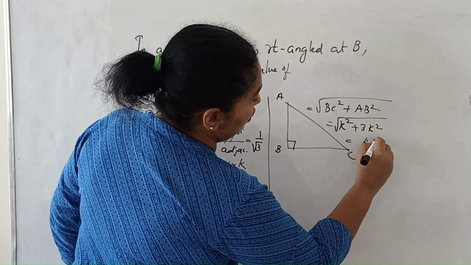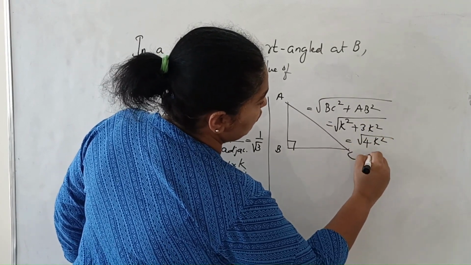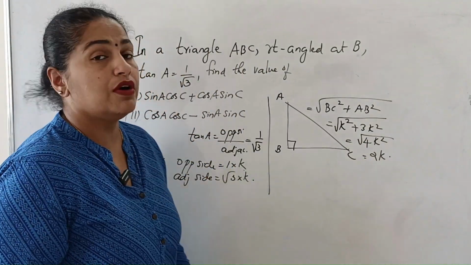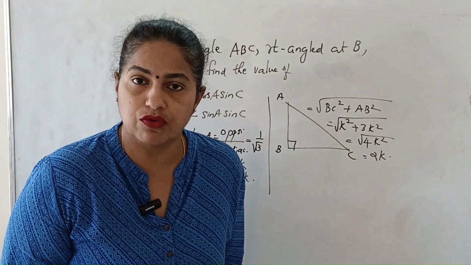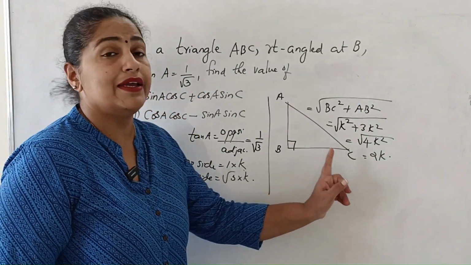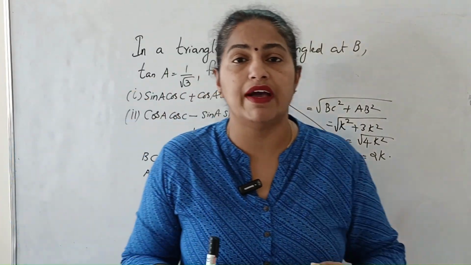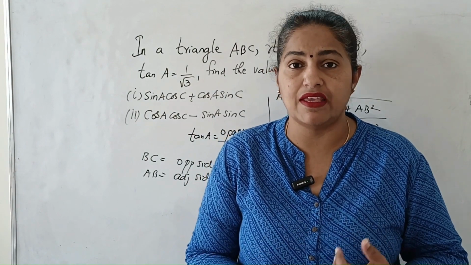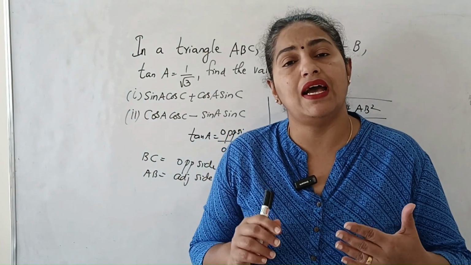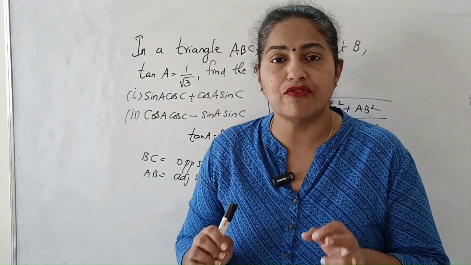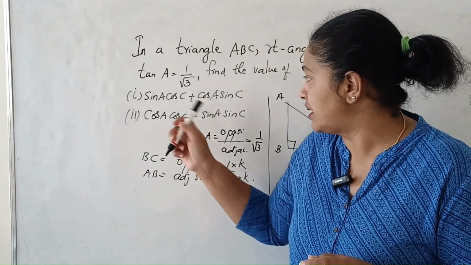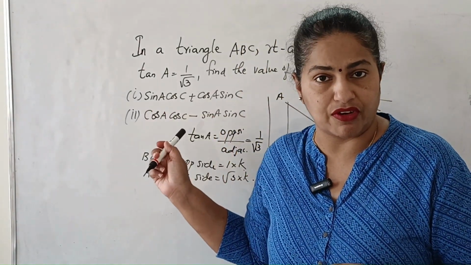So I will get 4k square, which will give me 2k. So I am getting the value of AC as 2k. I know the value of AB. I know the value of BC. Now I am at ease to find out the values of sine A, sine C, cos A, cos C, and tan C. So now let us find them one by one and substitute it in this particular expression.